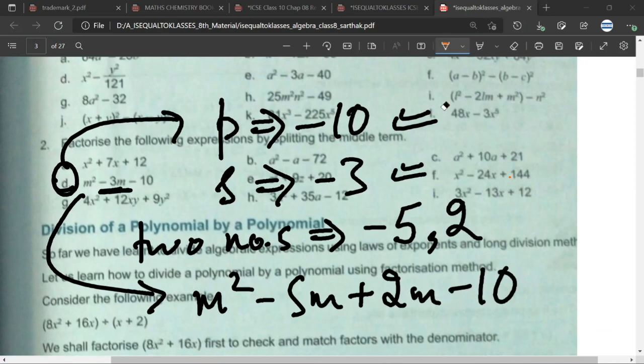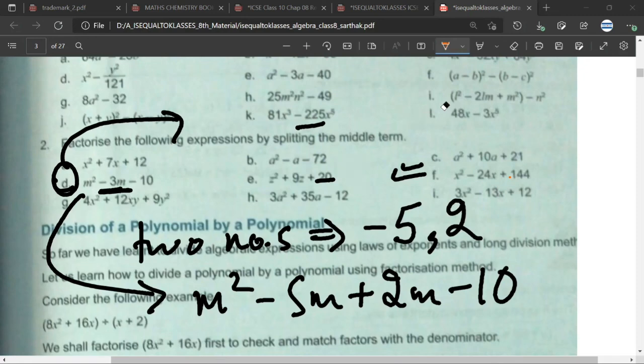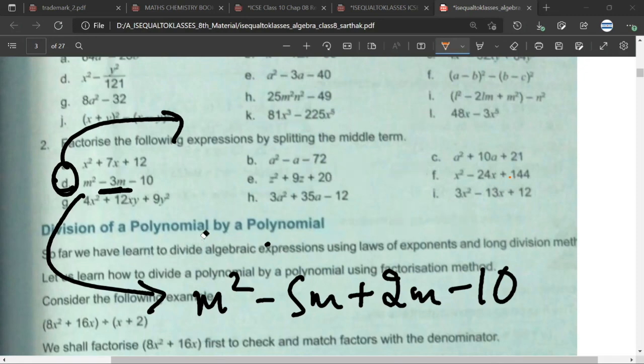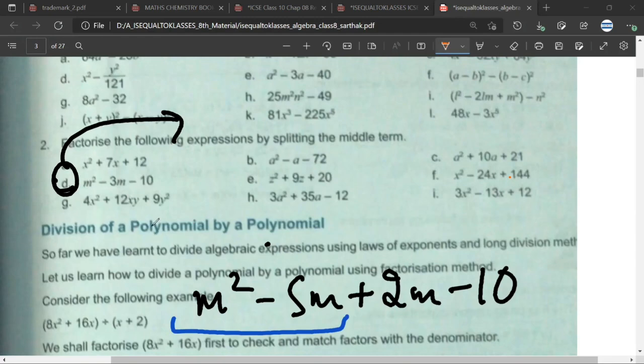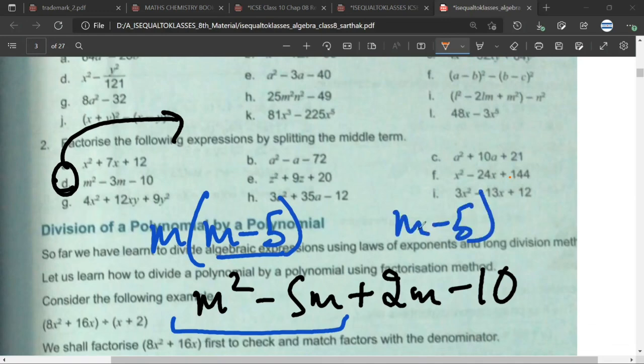Okay, nice. Now I need to take the common factor from the first two terms. So, what will be the common factor among the first two terms? It will be m. I will just copy this m minus 5 here. What should I write here, Sarthak?